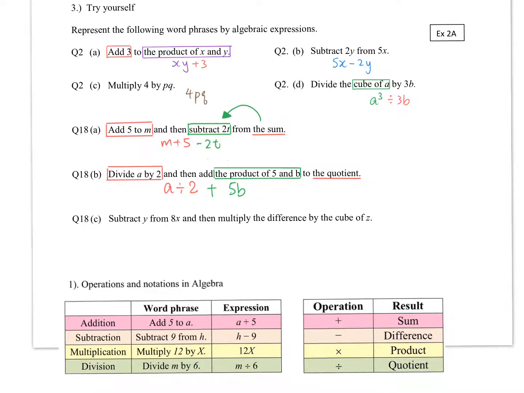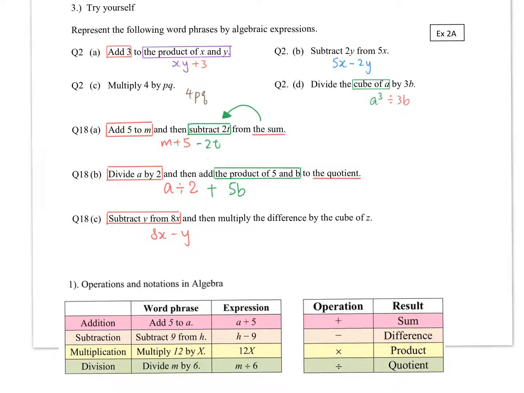Now we are up to 18c. Subtract y from 8x. Okay, if we say subtract y from 8x, that means 8x come first, and then we minus y.